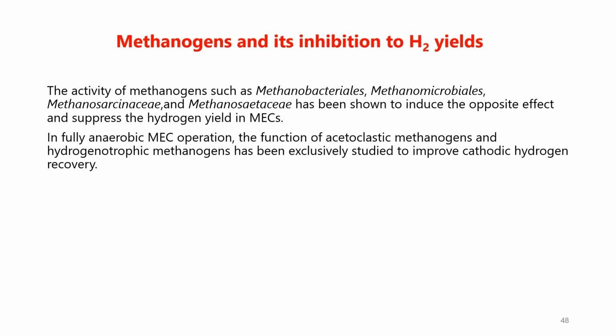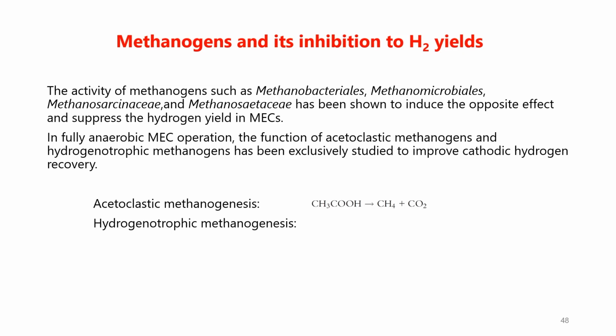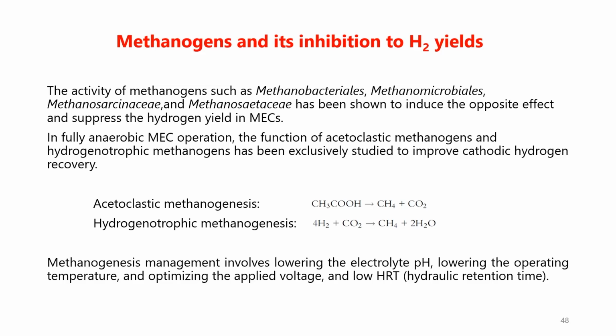In fully anaerobic MEC operation, the functions of acetoclastic methanogens and hydrogenotrophic methanogens have been extensively studied to improve cathodic hydrogen recovery. In acetoclastic methanogenesis, you can see the conversion of acetic acid to methane and carbon dioxide, and in hydrogenotrophic methanogenesis, hydrogen and carbon dioxide combine to form methane and water.